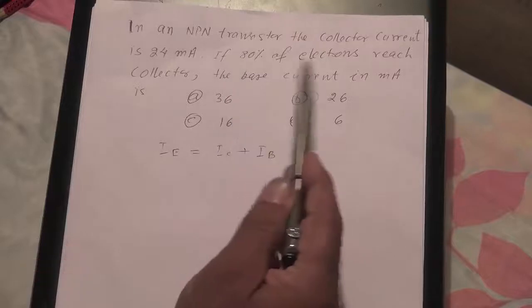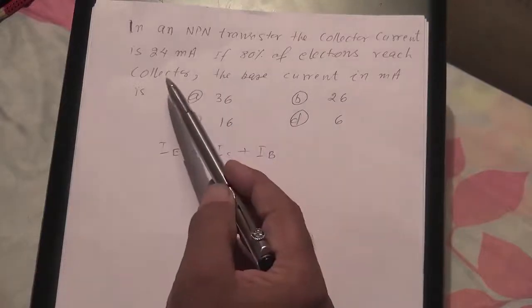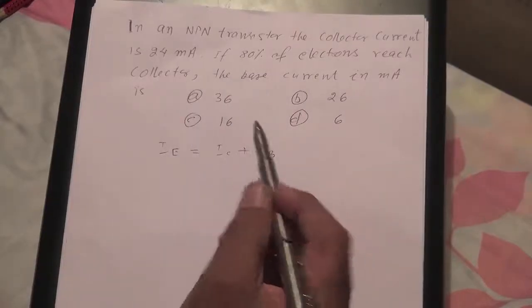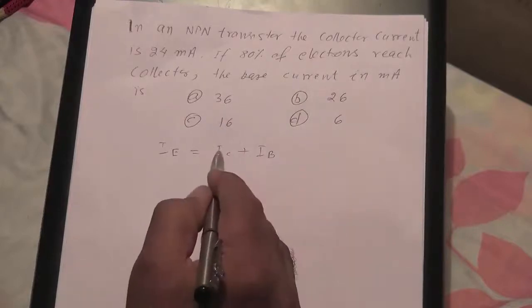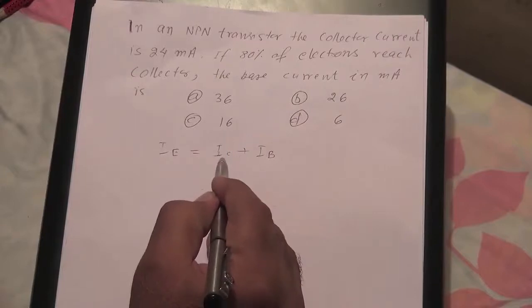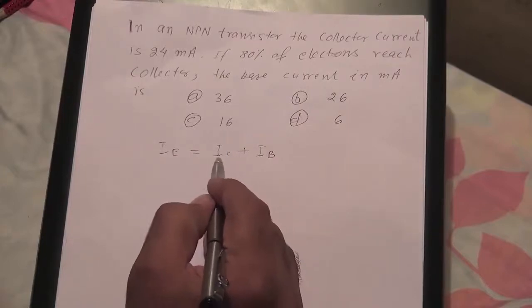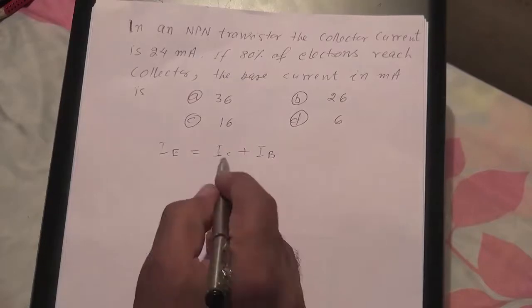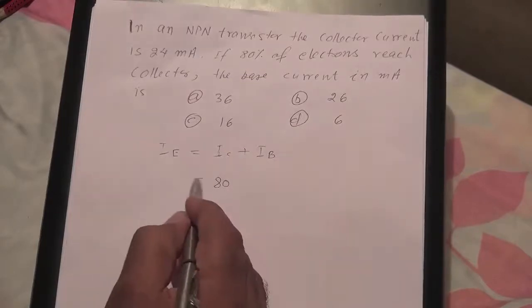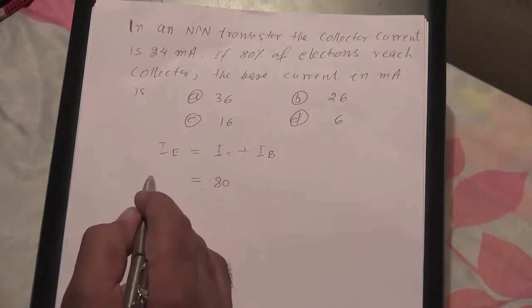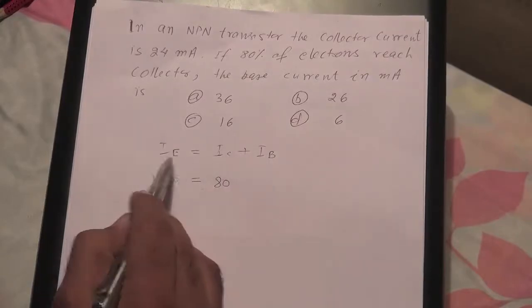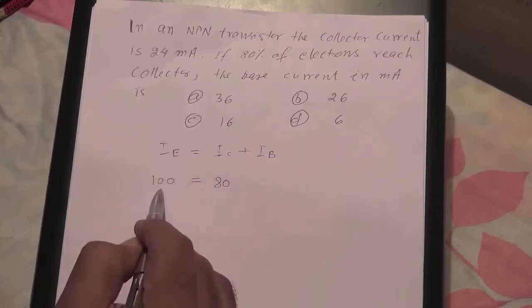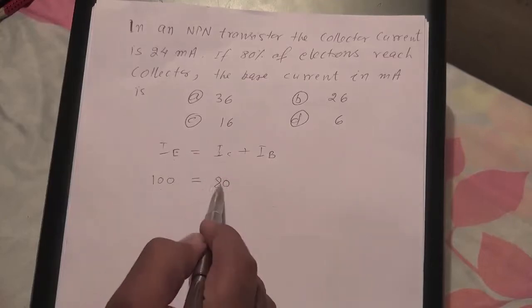Now, 80% of electrons reach the collector. Electrons make the current. If 80% of the electrons are going through the collector, that means 80% of the current is going through the collector. So if 80% is going through the collector, then 100%, which is coming from the emitter, according to this equation, the total current is IE 100%, IC 80%.